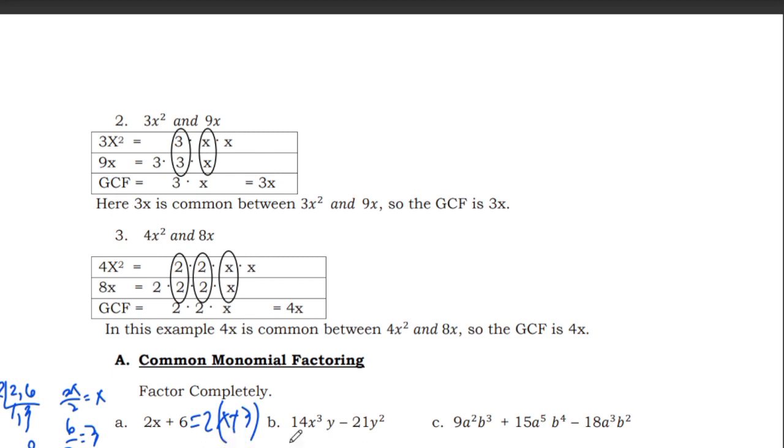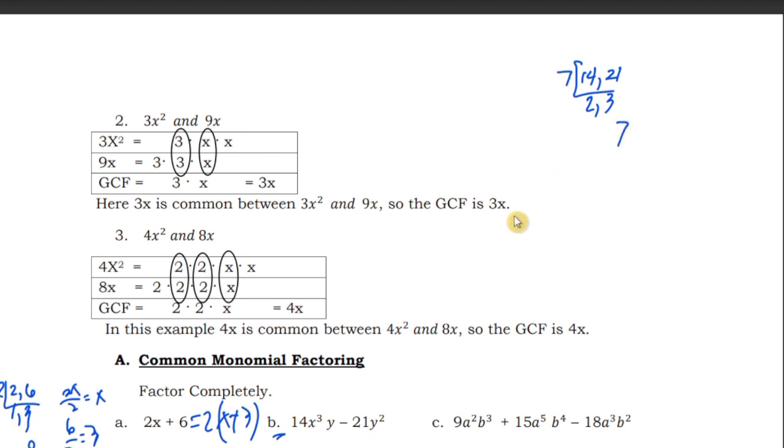Okay, how about the given example number, letter B, factor completely. So here we have 14 and 21. What is the common divisor? It is 7. So 14 divided by 7 is 2, and 21 divided by 7 is 3.